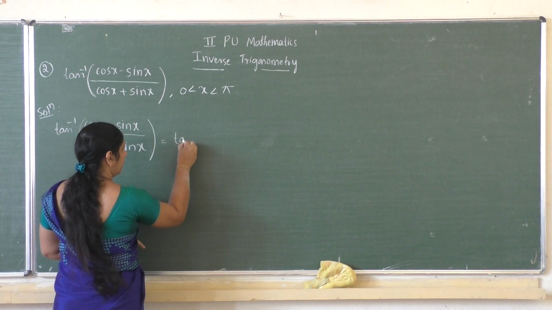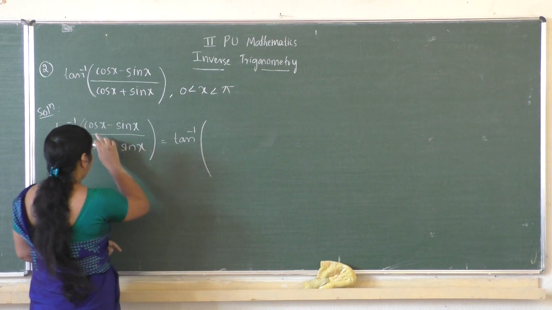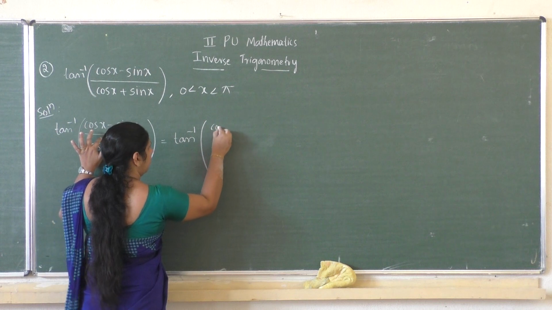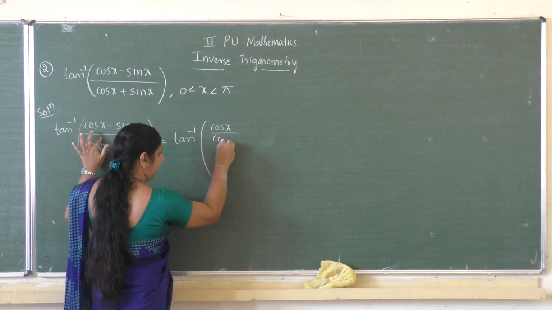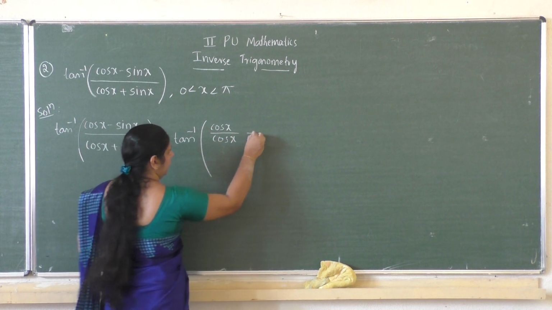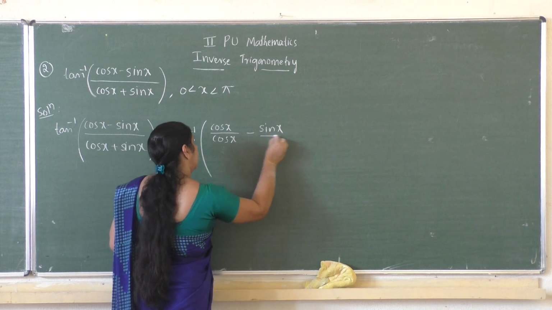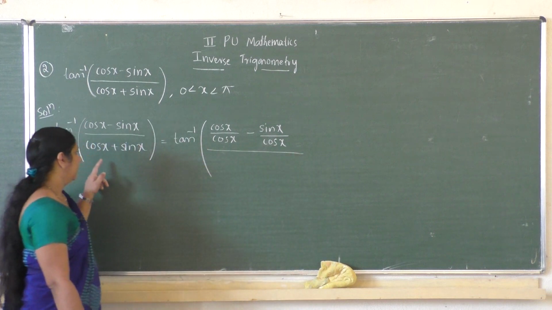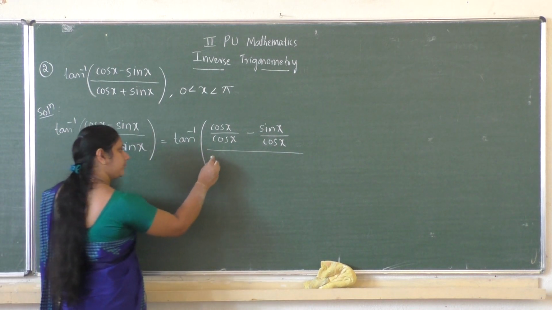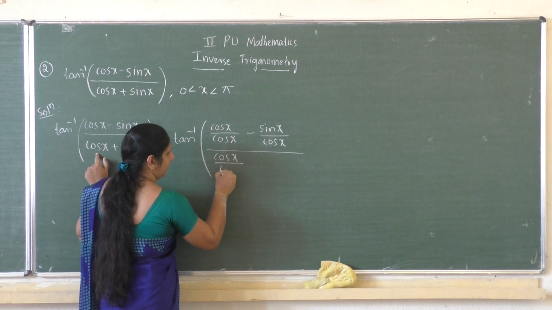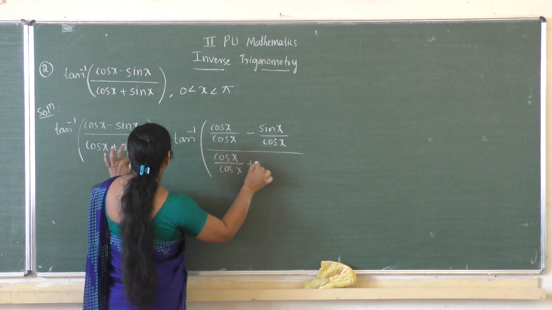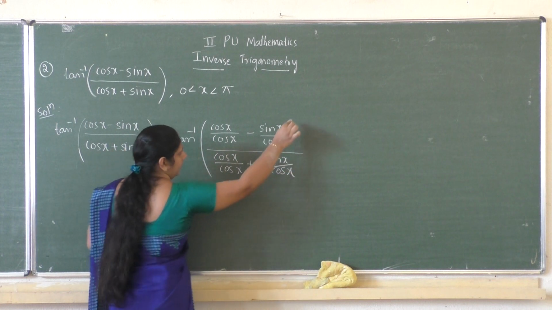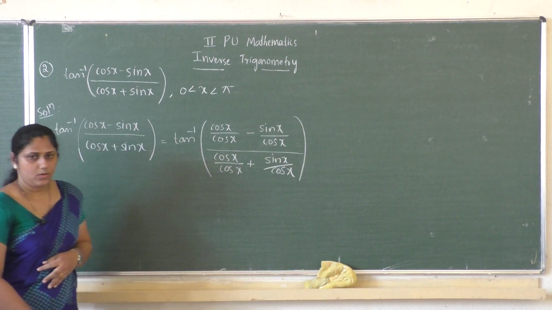So it will be equal to tan inverse of, if we divide throughout by cos x, we get cos x divided by cos x minus sin x divided by cos x, divided by cos x by cos x plus sin x by cos x.